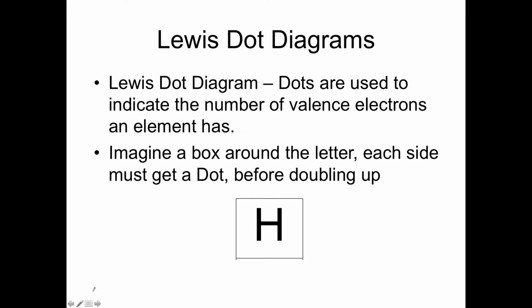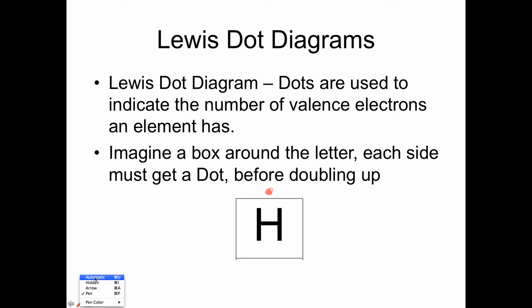So I have to represent that 1 valence electron by putting 1 dot next to H. Now I could pick any side I want to. I could go down here, over to the side, on top, or on this side. But just 1 dot for 1 valence electron. Let's do our dot on the top. And that's it. 1 dot symbolizing 1 valence electron for hydrogen.